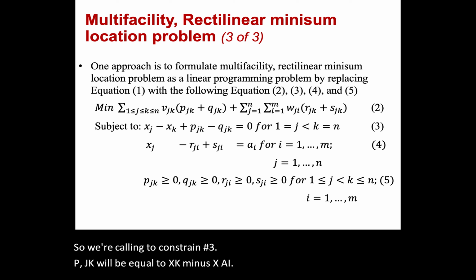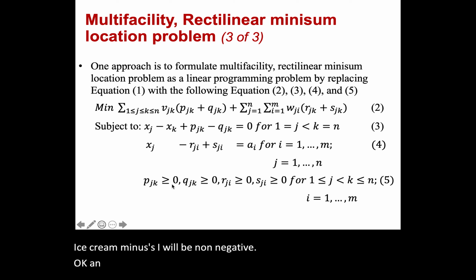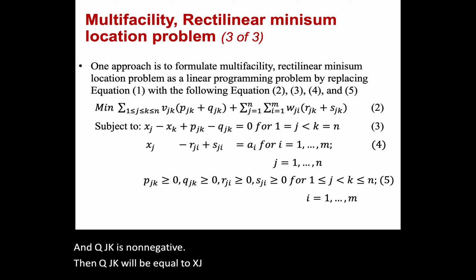So it means that xj minus xk will be non-negative. And if pjk equals 0 and qjk is non-negative, then qjk will be equal to xk minus xj, which is also non-negative.